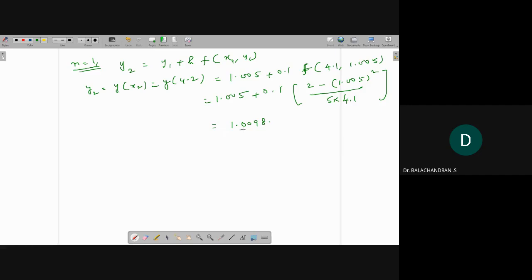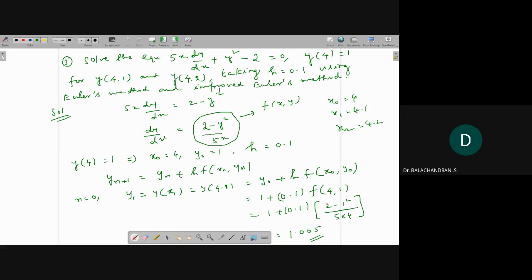Similarly, we need to find it for the improved Euler method. I am asking for improved Euler. Modified Euler is also there, but I don't give the formula for modified Euler. So next, write the improved Euler formula.